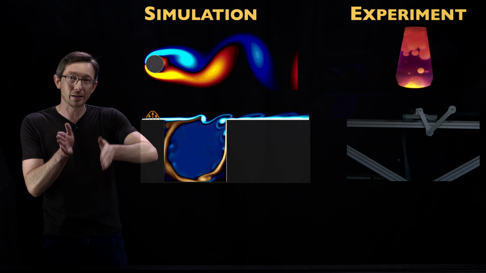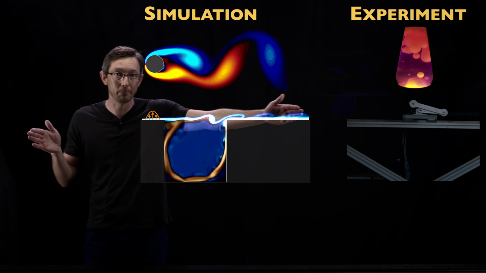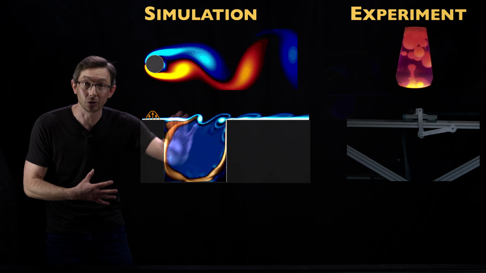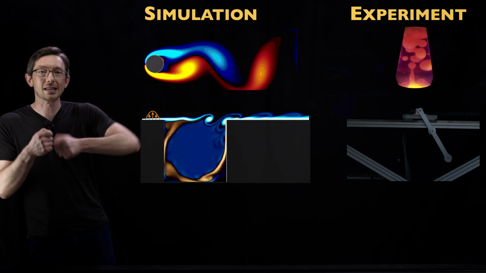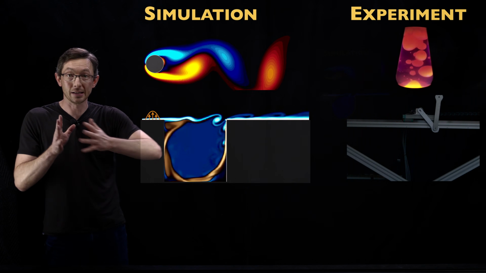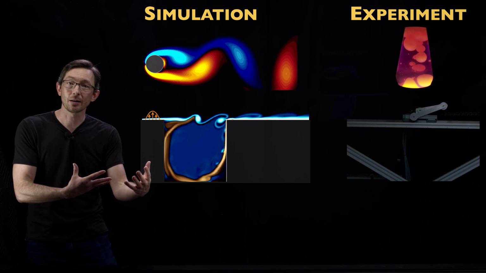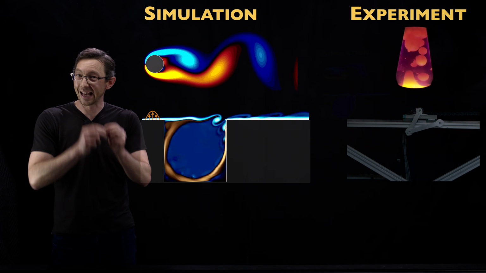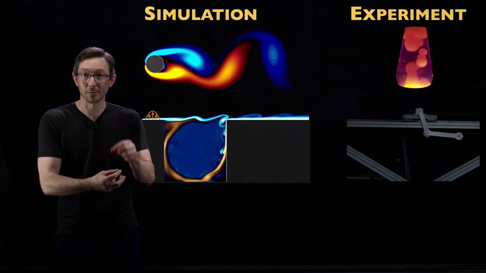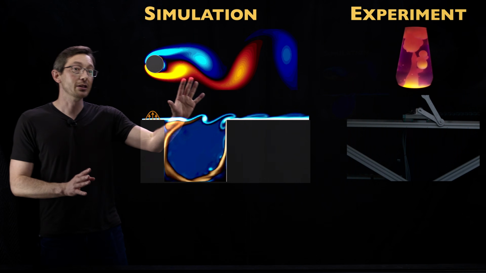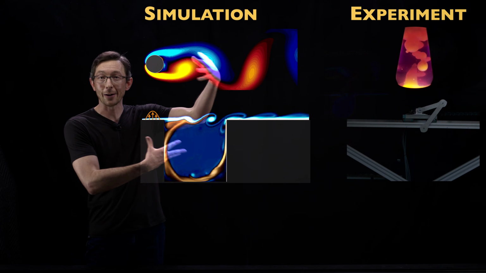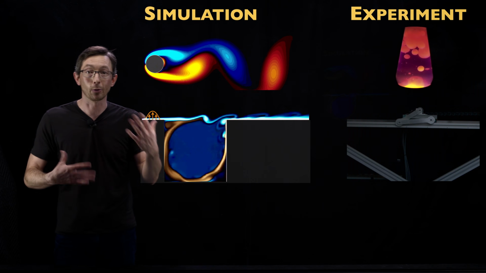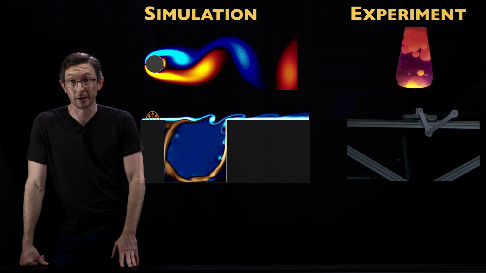It's hard to run these for a really, really long time. Whereas if I had a wind tunnel experiment, I might not get the full fluid flow field, but I can run this thing for hours and hours and days and days. So experiments, I can often get really long time series of less spatial measurements, maybe just a few points. Simulations, I can often get exquisite high-resolution detail, but I can't run them for as long or over as many parameters just because they're expensive to run.